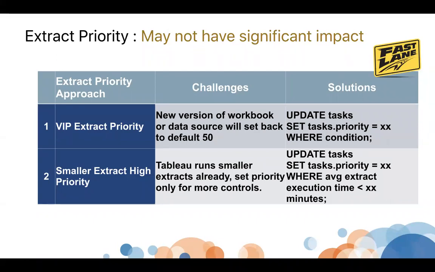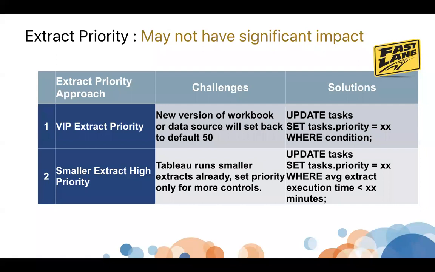Whenever the publisher publishes a newer revision of the workbook or of the data source, it changes back automatically to the default 50 priority. So that's a challenge. I don't know how you will handle this.